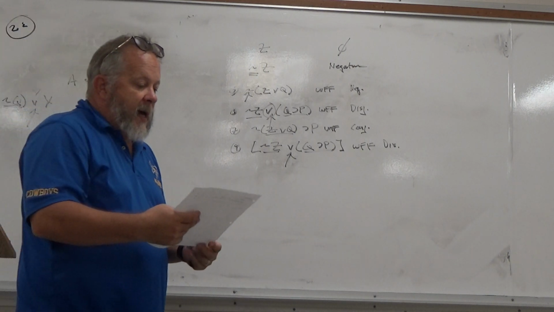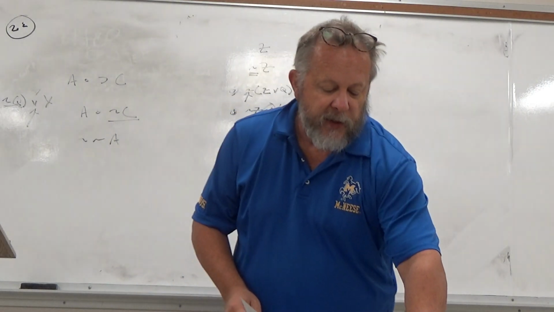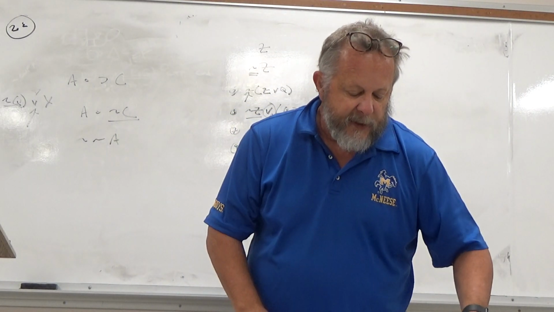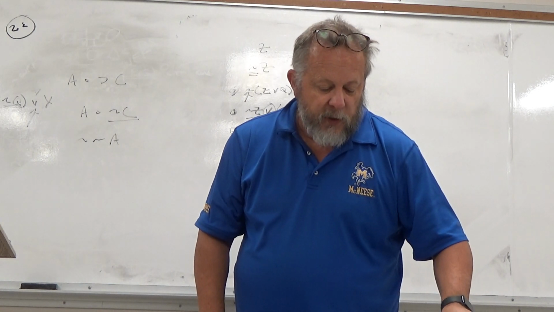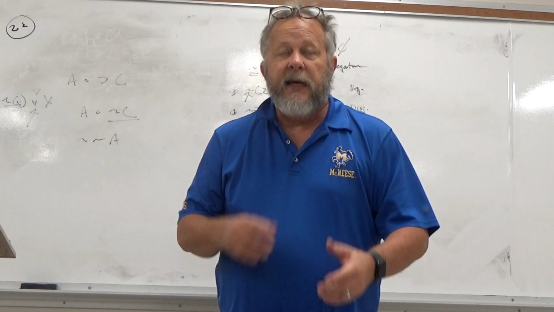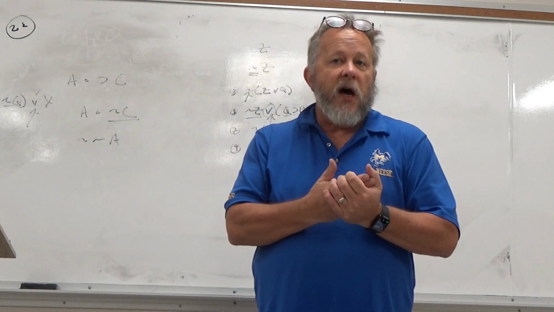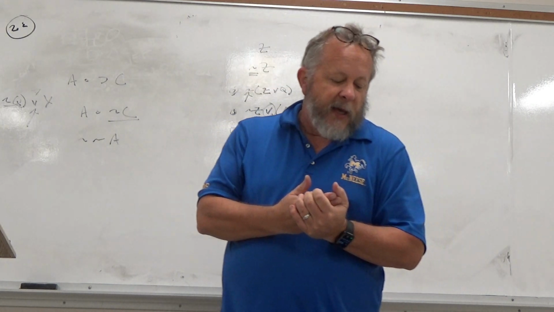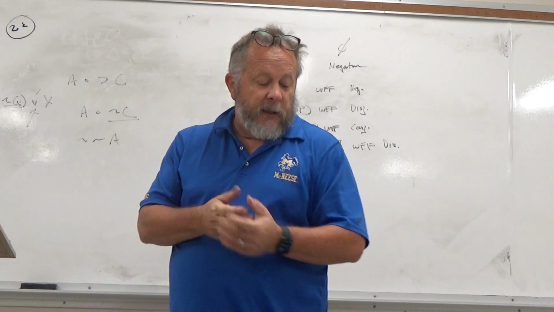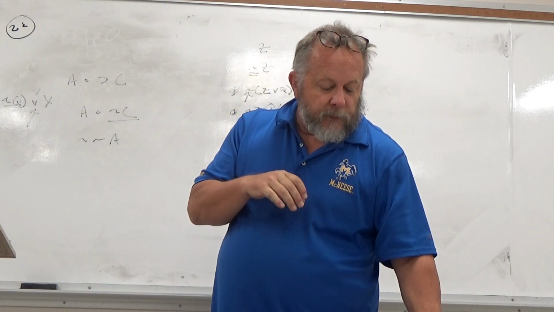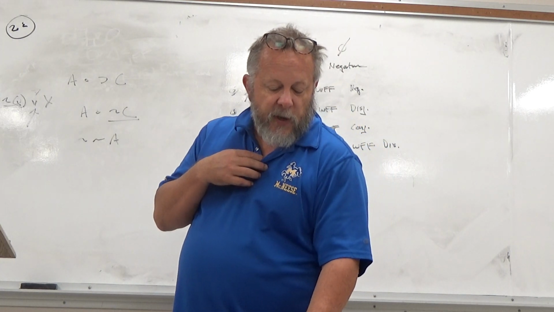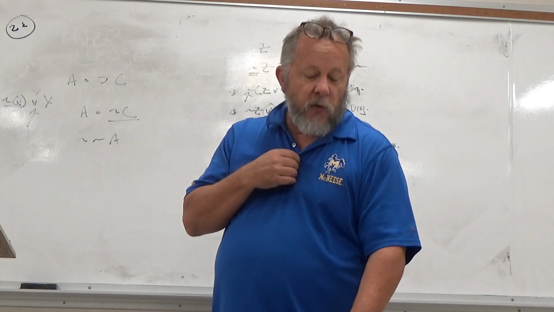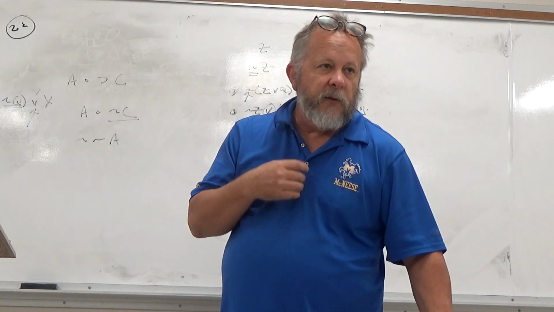Okay, so that's one thing that you'll have to be doing on the test. So you'll be doing translations. You'll be doing, is this a substitution instance of an argument form? And on the test, you will have some, is this a well-formed formula or not? And if so, what's the main logical operator, okay?